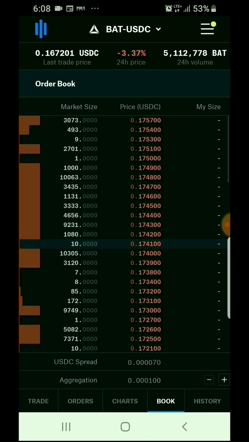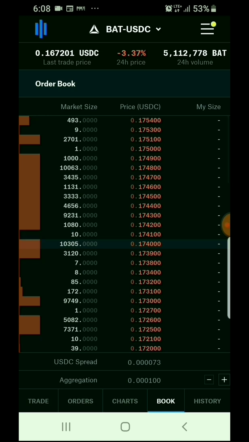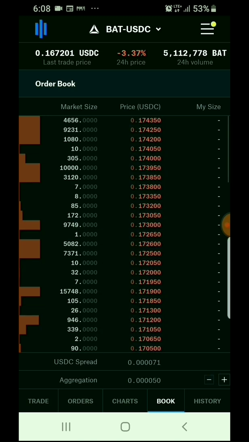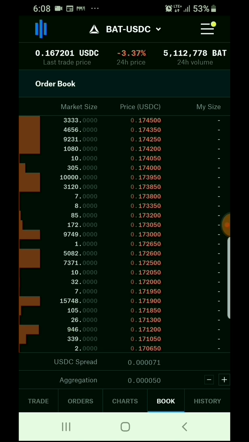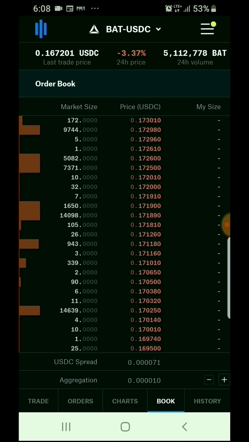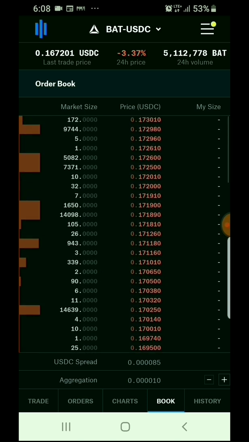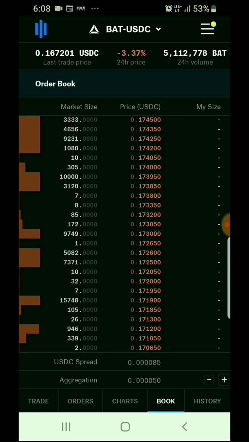And at that point, my order is going to fill. So now that I know I want to be in that range, what I'm going to do is I'm going to decrease the aggregation until it gives me a more accurate number to work with.